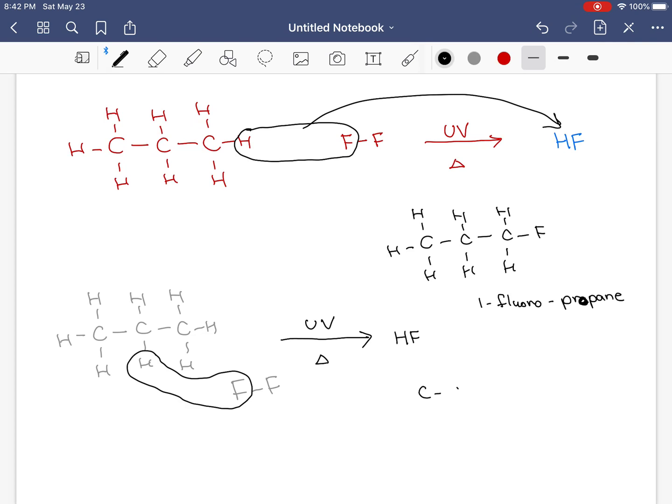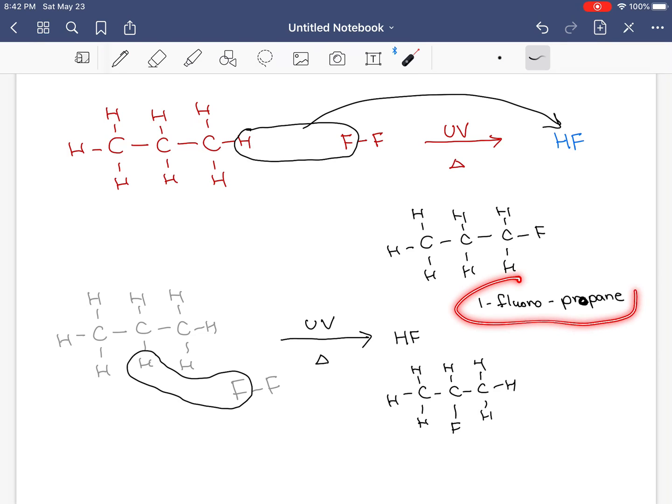But what else are you going to get? Let's draw this. This is what you're going to get. Now, if you were to name this, you'll notice that, oh, this is not 1-fluoropropane. This is actually 2-fluoropropane.